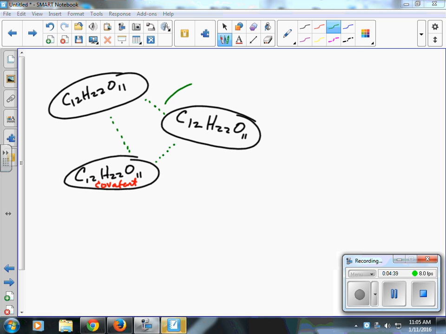What are these green dots? Intermolecular forces. I'm going to call it IMF for short. When we first heated up the sugar, it turned to a liquid. What did we break? Intermolecular forces. When we melted, we overcame that.